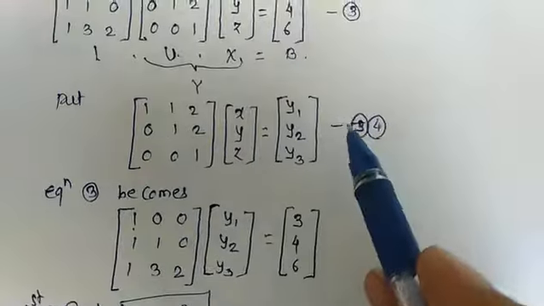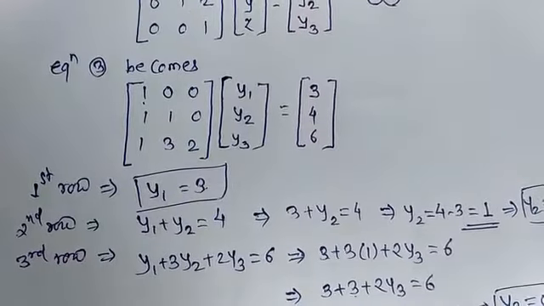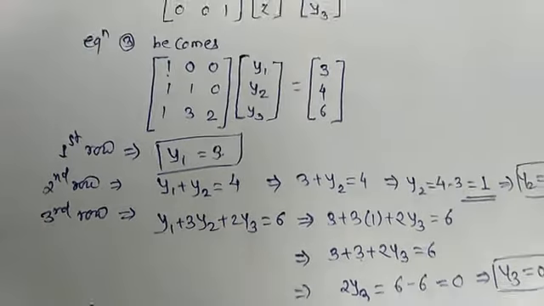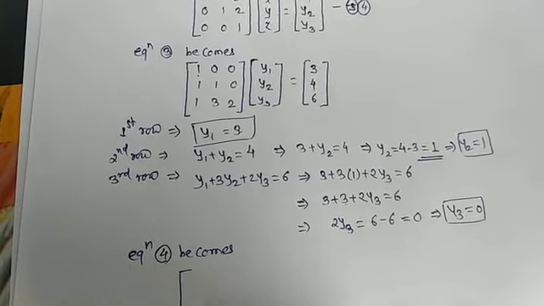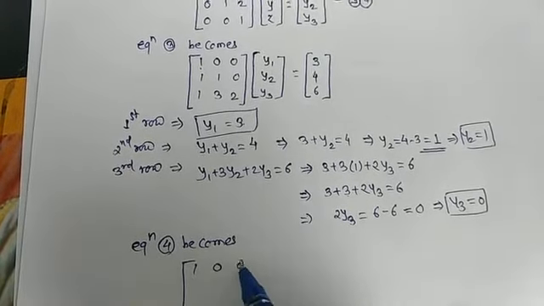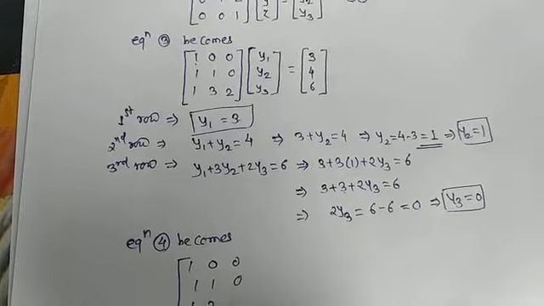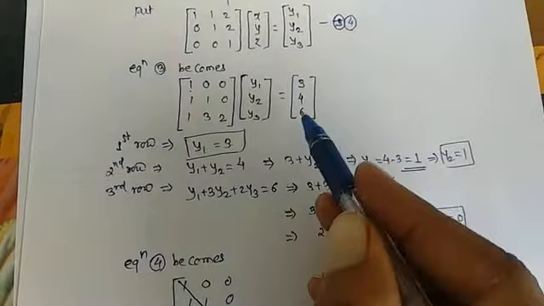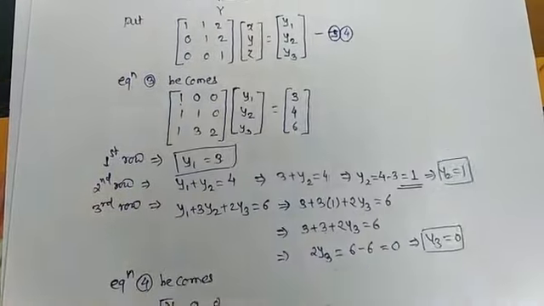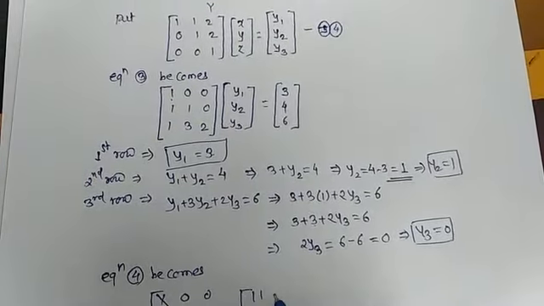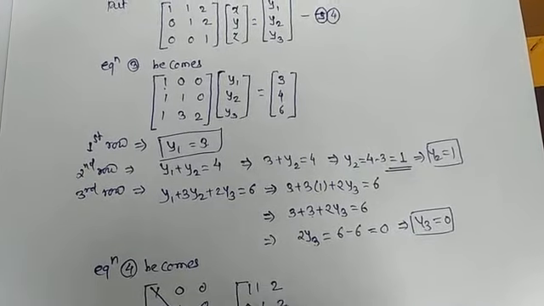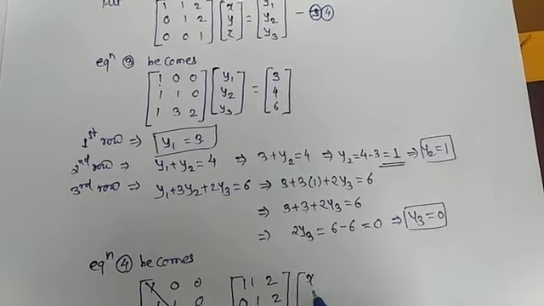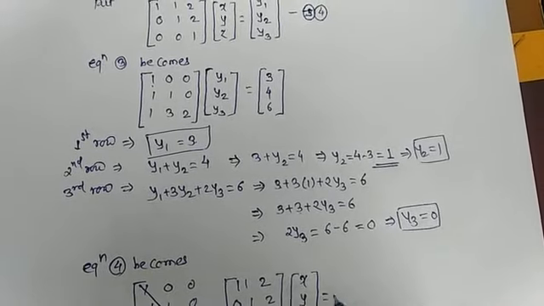So equation number 4 will become: [1 1 2; 0 1 2; 0 0 1] into the matrix [x y z] is equal to [y1 y2 y3].